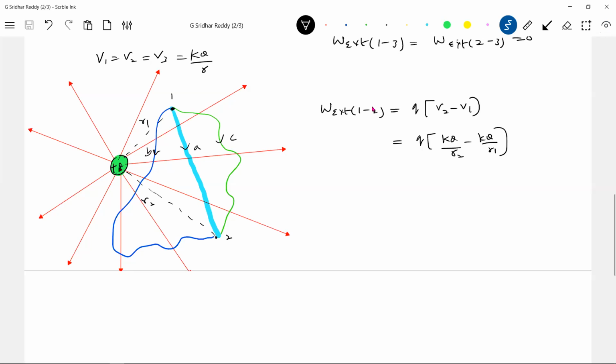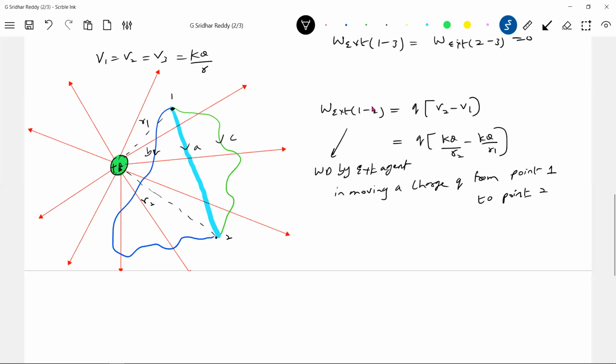Getting the idea? So what is the meaning of this? Work done by the external agent in moving a charge Q from point 1 to point 2.